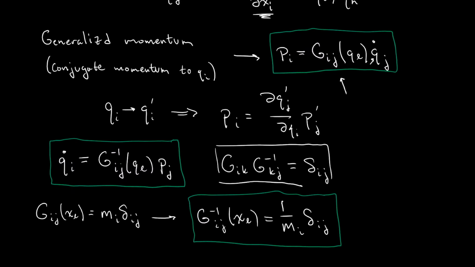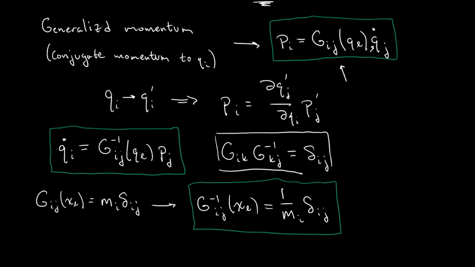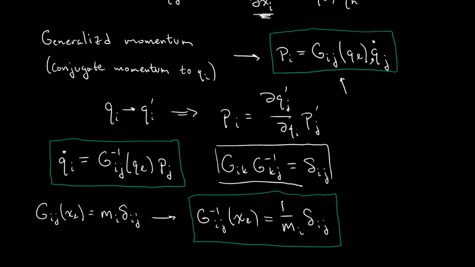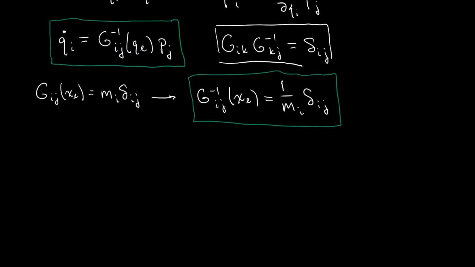Okay. Now, I have this q dot in terms of G inverse and P, which means that I can re-express my energy, essentially get rid of the q dots in the energy expression by just replacing them with this here. So I'm going to do that.